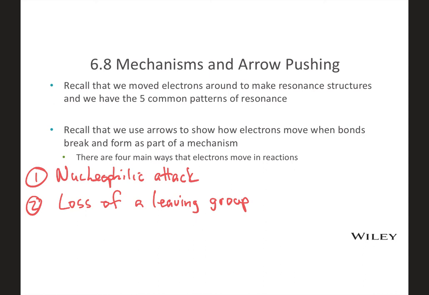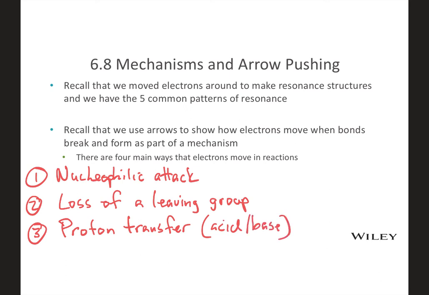So we'll see this pattern called loss of a leaving group. This third pattern is something we've already spent some time talking about, and that is the simple issue of a proton transfer. We have already talked about how to draw the arrows for a fairly simple Bronsted-Lowry acid-base reaction, but that's essentially what we would be talking about there.